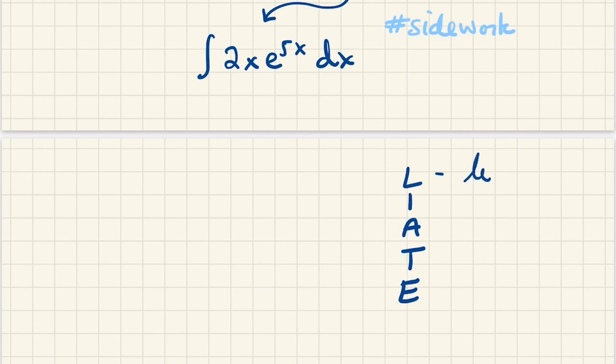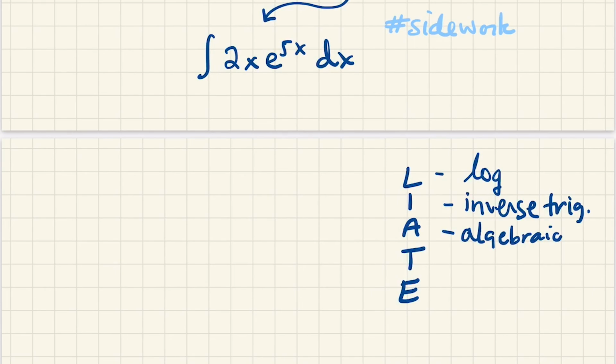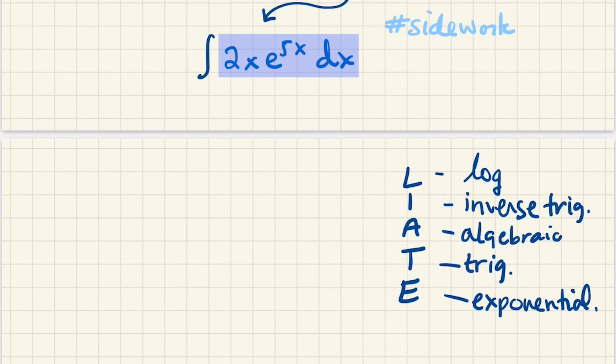So L stands for logarithms, I is inverse trig, A is algebraic stuff, T is trig, and E is exponential stuff. And so you look at your integrand and look for logarithms first. Don't see any. Look for any inverse trigs. We don't see any. Look for algebraic stuff. And yes, we have 2x, so that should be our u.